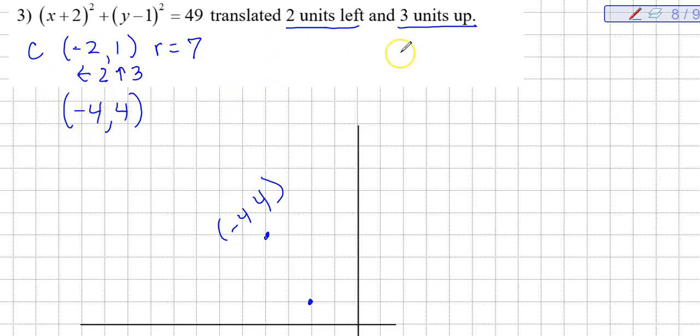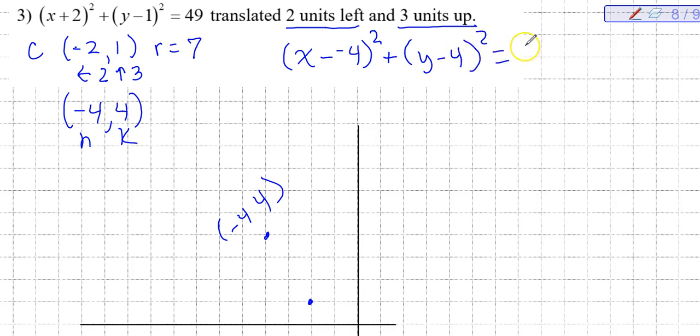And so let's write the equation of our new circle. X minus -4 quantity squared, that's your h, here's your k, plus y minus 4 quantity squared, equals radius squared. Well, I already had that in the original equation, right? That's radius squared. The radius didn't change.